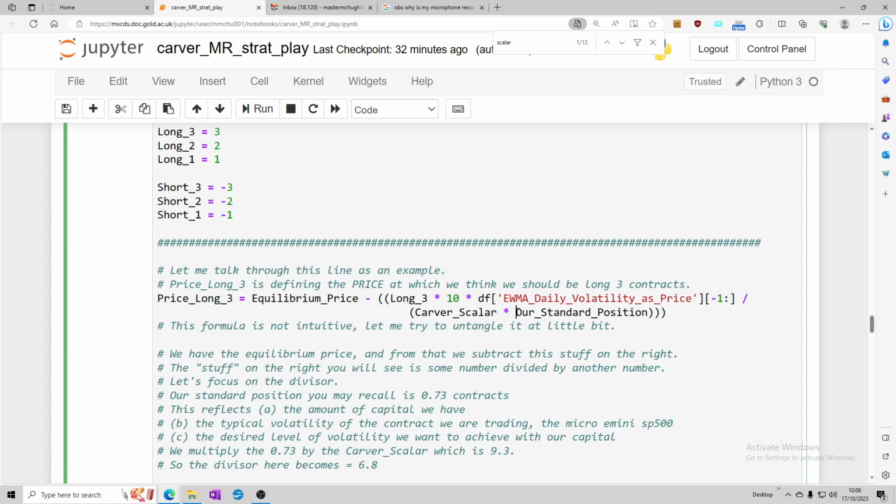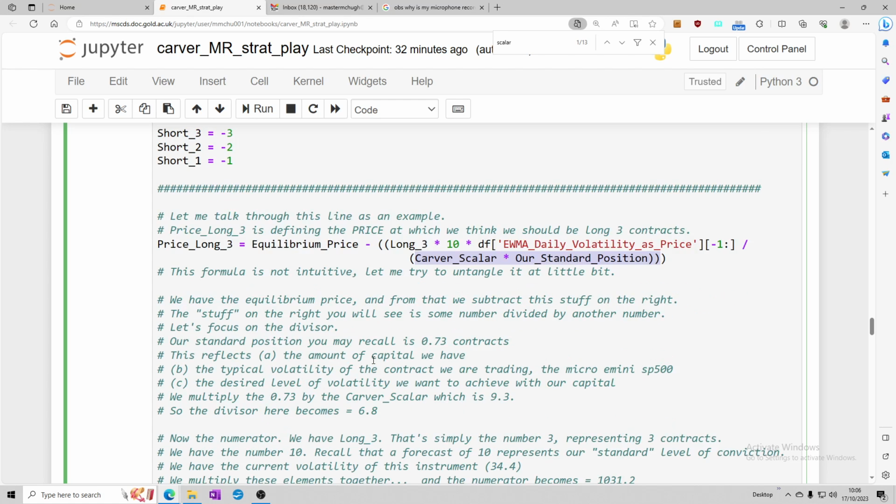Our standard position, you will remember, is 0.73 contracts. And that reflects the amount of capital we have, the typical volatility of the contracts we are trading, and the desired level of volatility we want to achieve for our capital. And we multiply that by the Carver scalar, which is 9.3. So the divisor becomes 6.8 in this example.